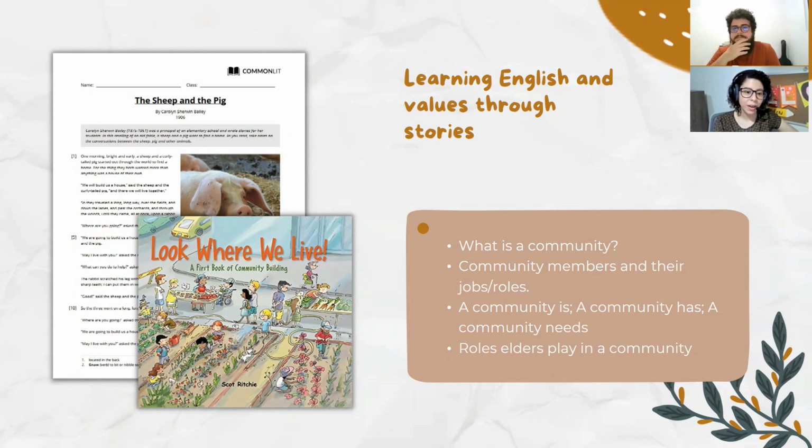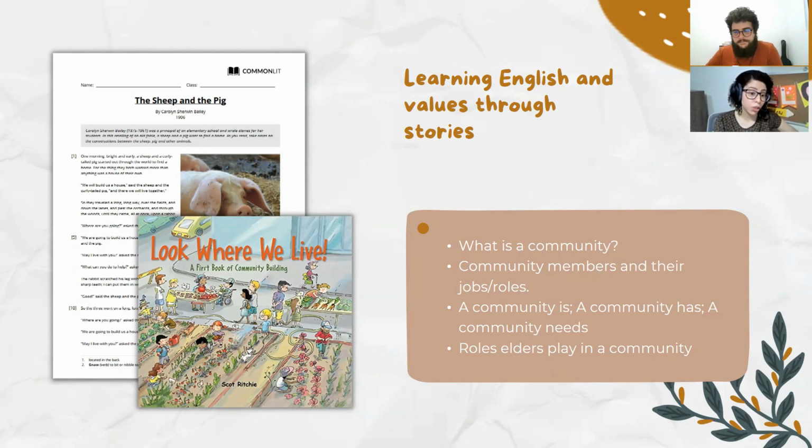We followed some important aspects that led us to the final purpose of this module, which is writing a paragraph. We are going to see it later on. So we have: what is a community?